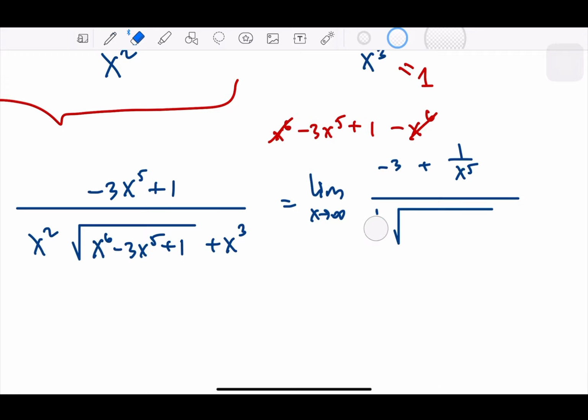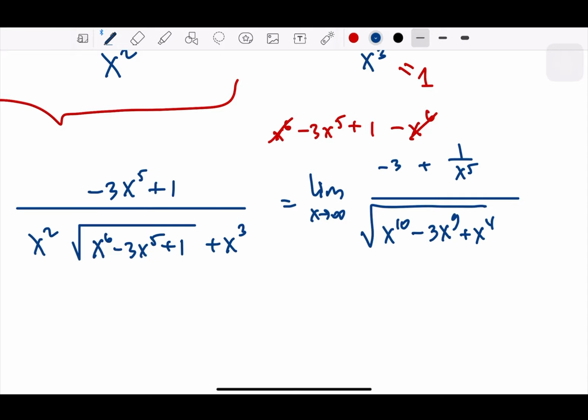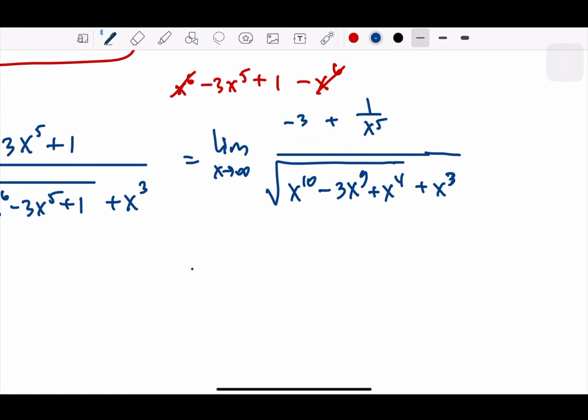Or maybe let me take it inside all this number. Sorry. So x squared going inside, it becomes x to the power of 4, so it's x to the 10, right? And then minus 3x to the 9 plus x to the 4, right?